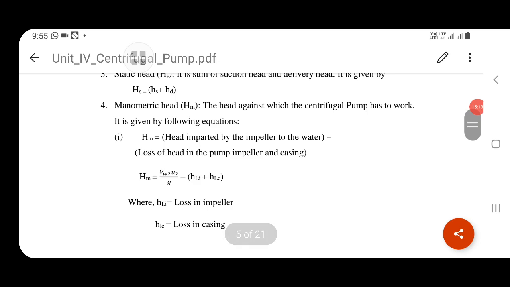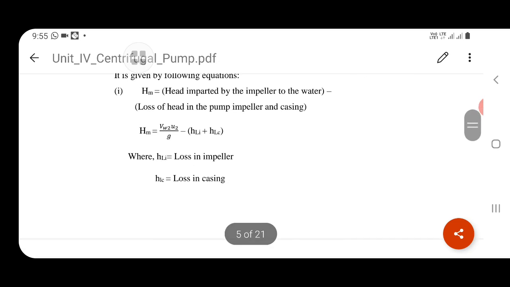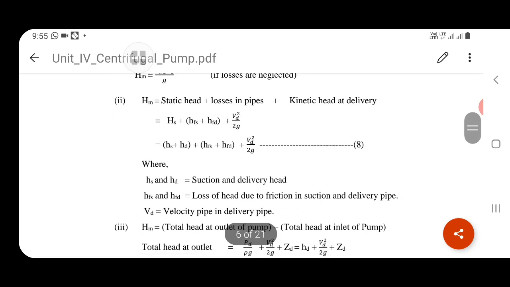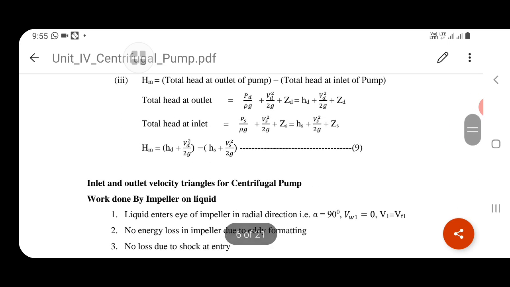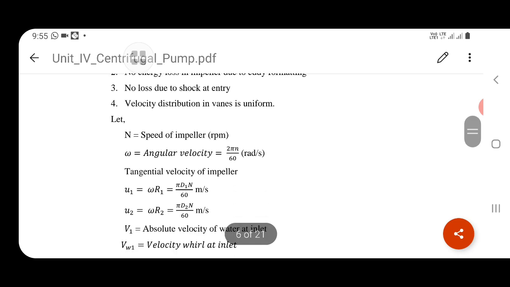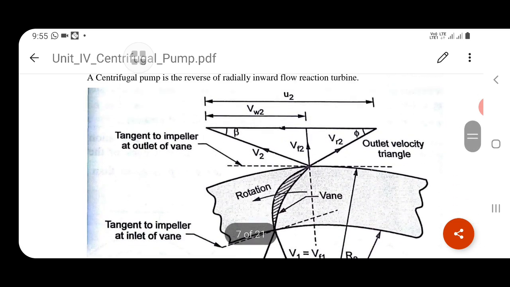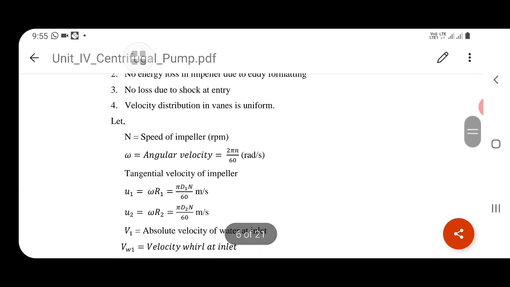The manometric head gives three equations: head imparted by the impeller to the water when load is considered, and total head at outlet and inlet. So in the next lecture we will see the velocity diagram. Thank you.